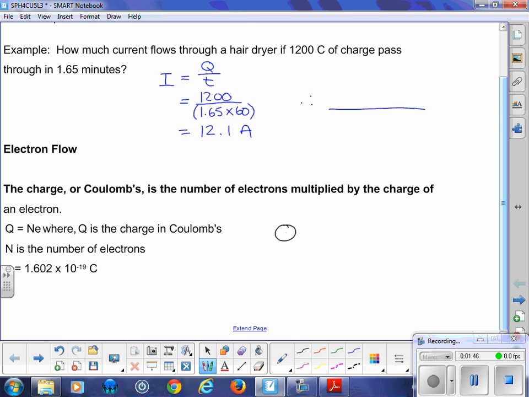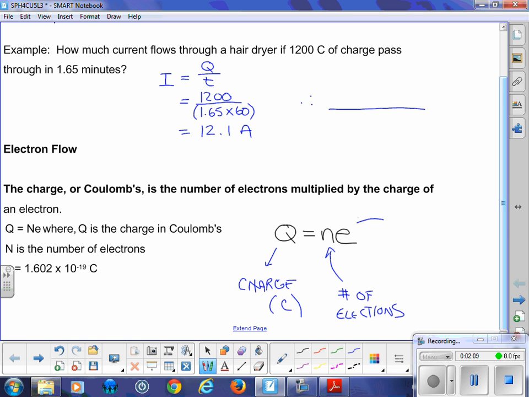Here's the formula to calculate charge. Q is your charge, and it's measured in coulombs. N is the number of electrons, which will always be a very large number.